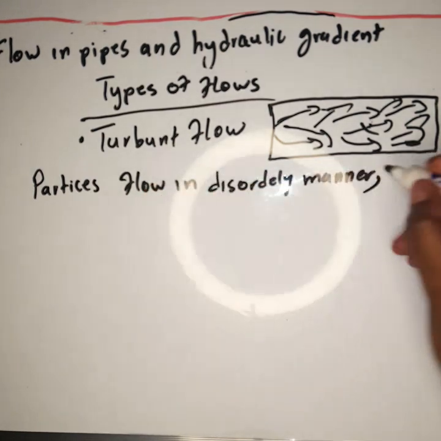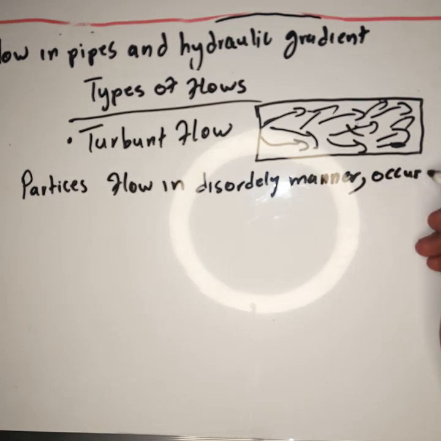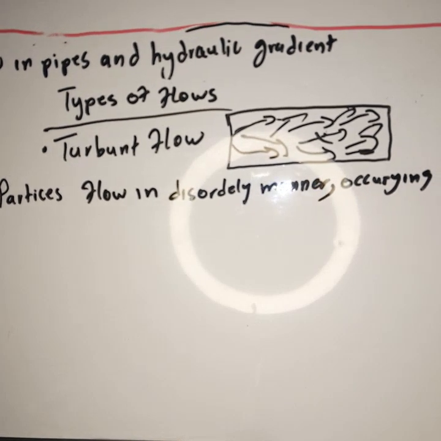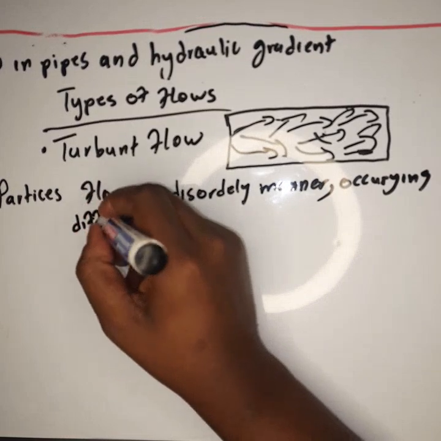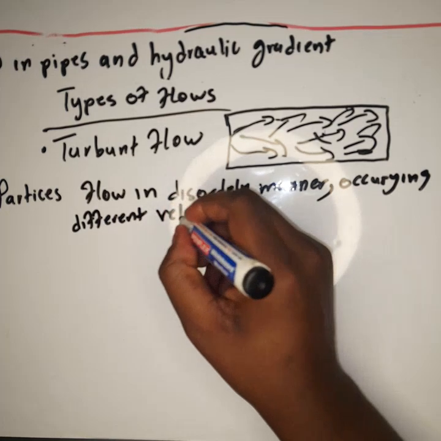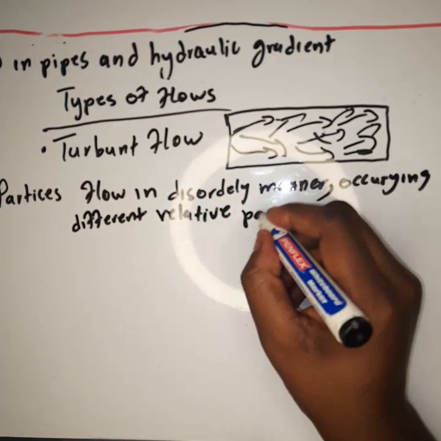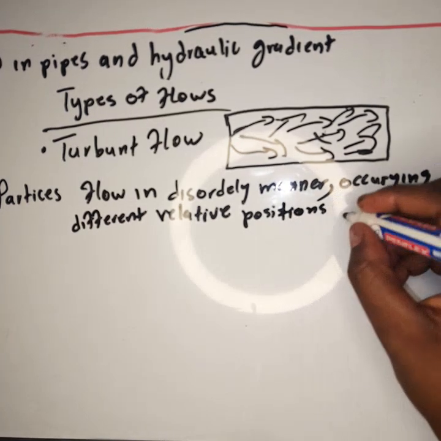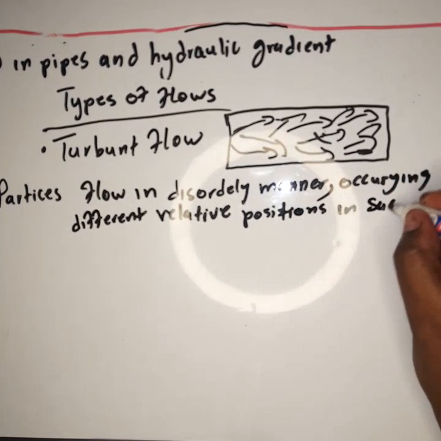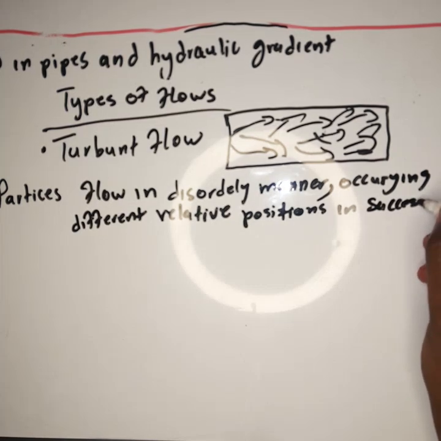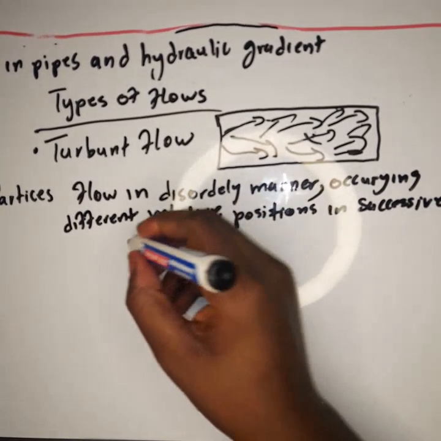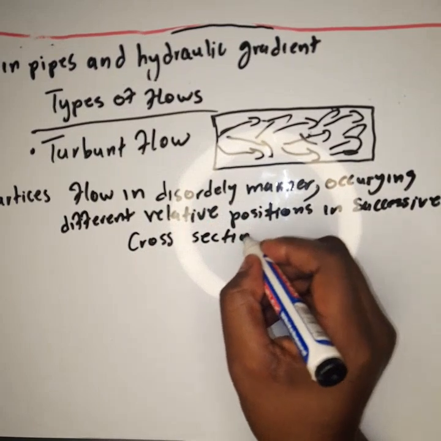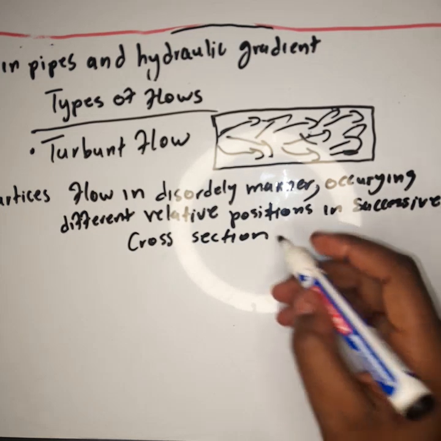They are flowing in a disorderly manner, and they are occupying different relative positions in successive cross sections.